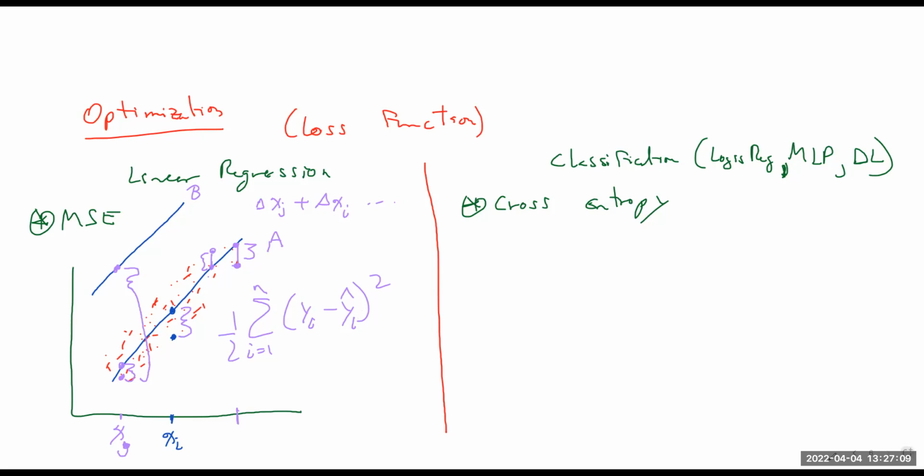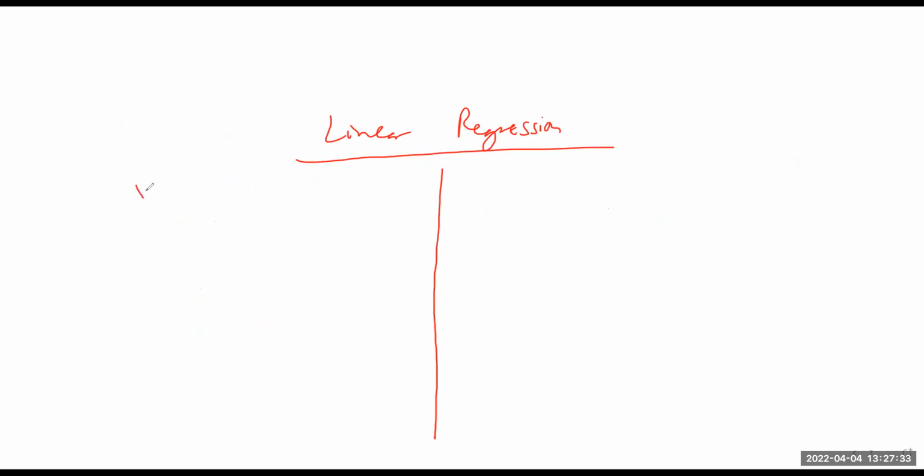So now we can go over here, and where we have y, w, x plus b for linear regression. Actually, let me do it like this. For linear regression, we now know that there's two functions.